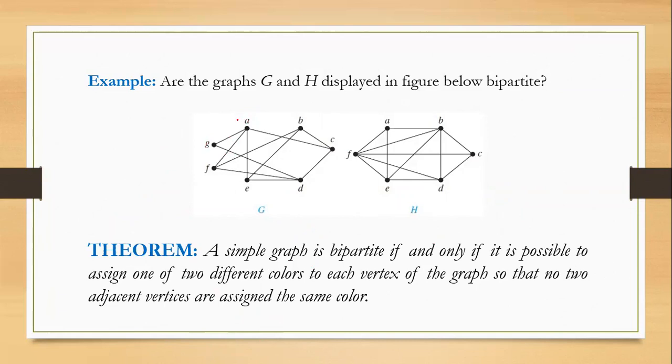So if I give the color red to A, red to B and red to D, now you can see that if I give the color red to the vertex G, it is not possible. That is, the condition is that no two adjacent vertices are assigned the same color.